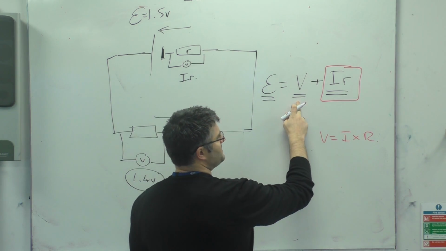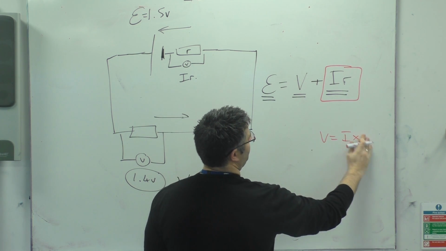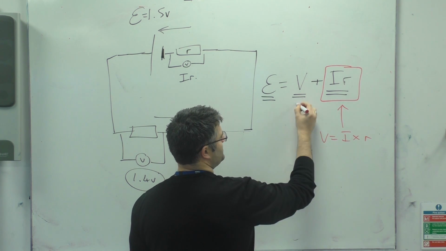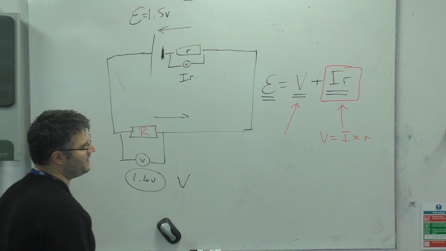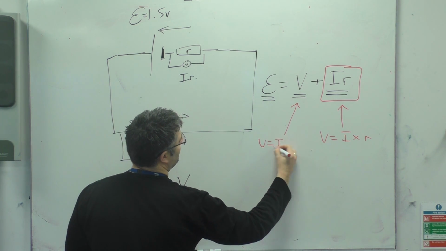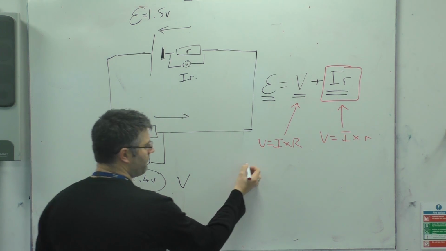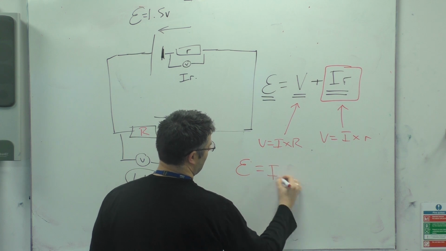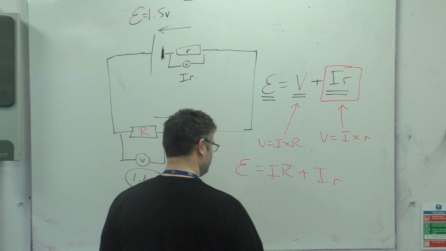So what can we say about this one then? Well, that's the same thing. You could just say that that one is Ir, and this one here, if we then give this a large R, as it often is, then we can say that this V is equal to I times R. And so you could then write this as EMF is equal to IR plus Ir.